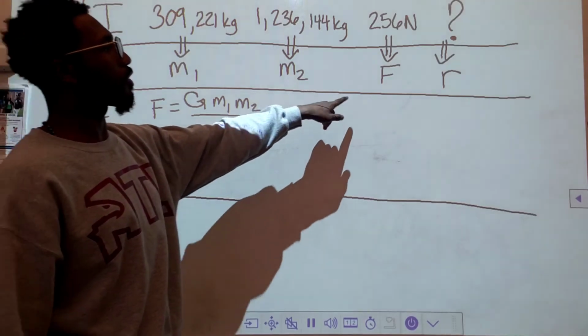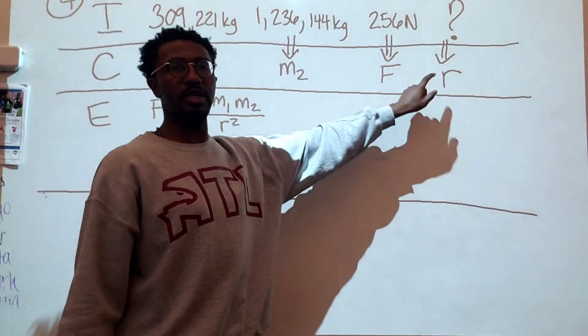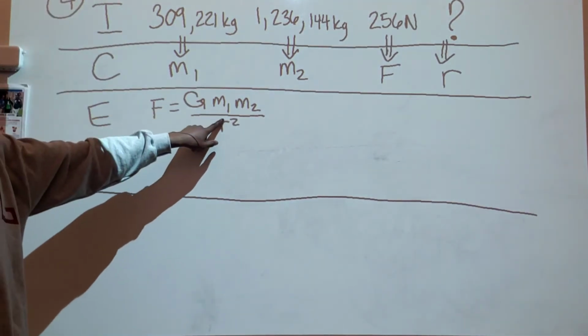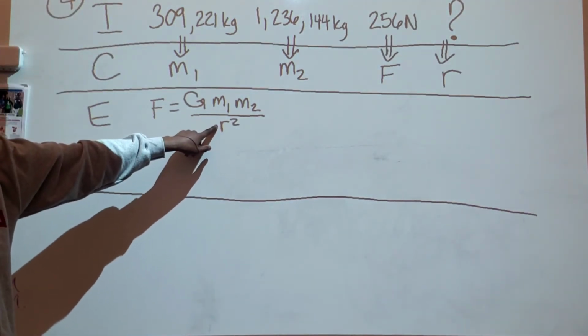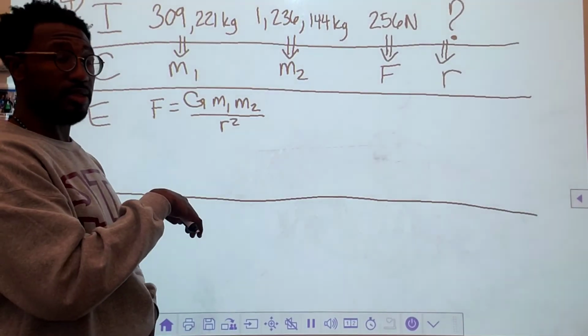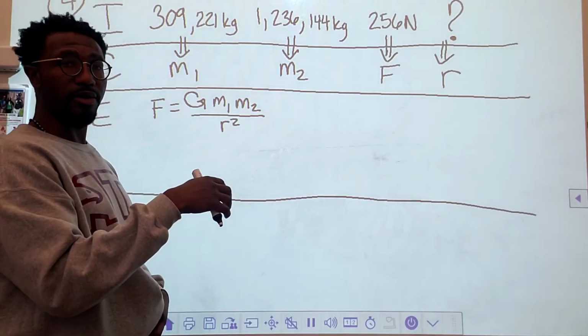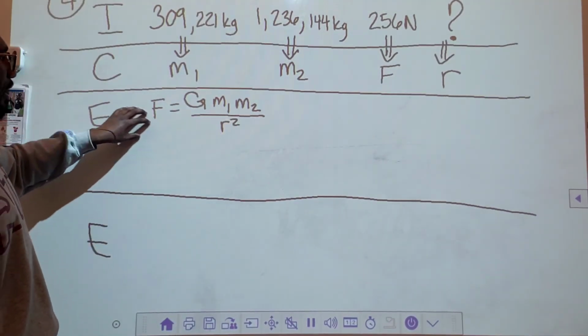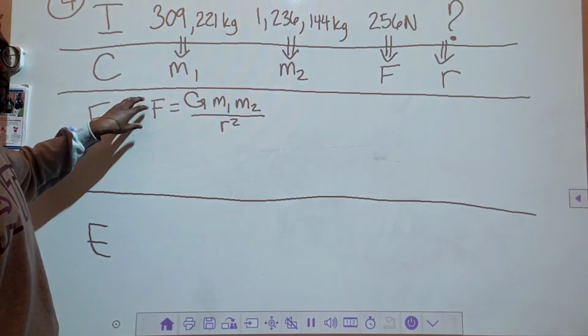We already know the force, we need to find the distance apart. That is r. Now r is currently in the denominator of this equation, and that's no good to us. We need r to be in the numerator, so we need to move r out of the denominator.